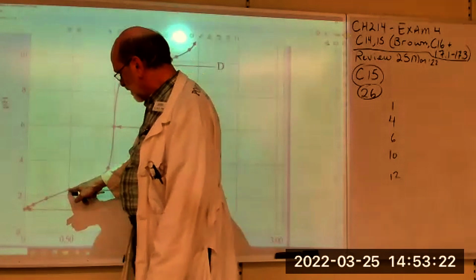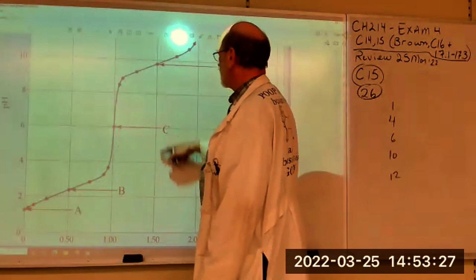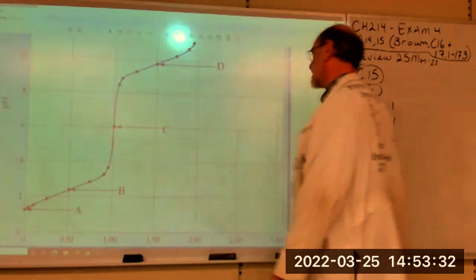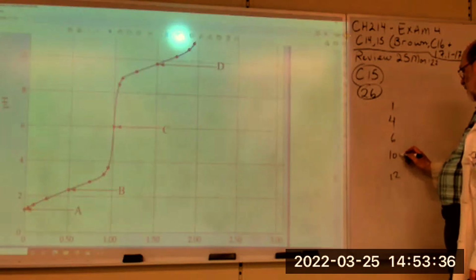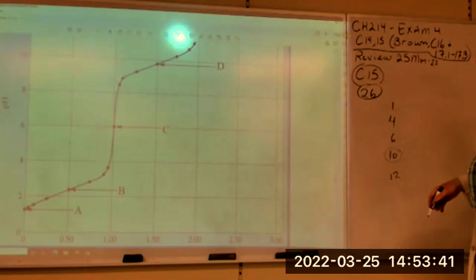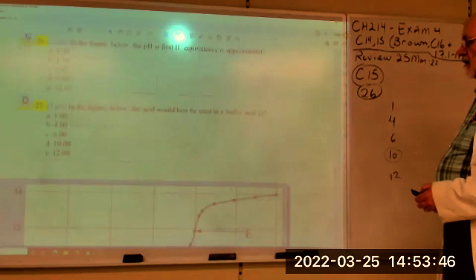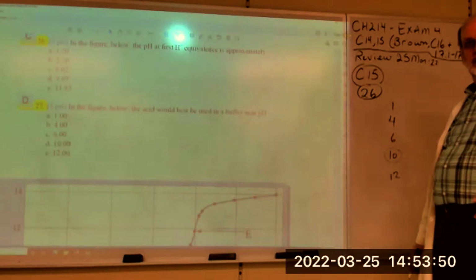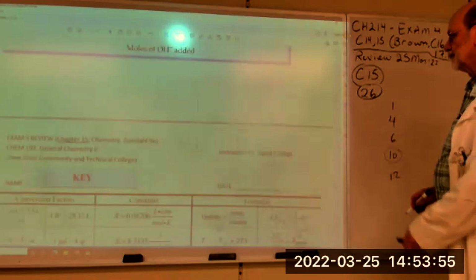This one would be best buffered at around 2.5, and this end would be about 9.6 or 7. So this might work, but there's no 2's in there, right? So 10 would have to be the best one. Yeah, D. That makes sense? Okay. Oh, that's it.